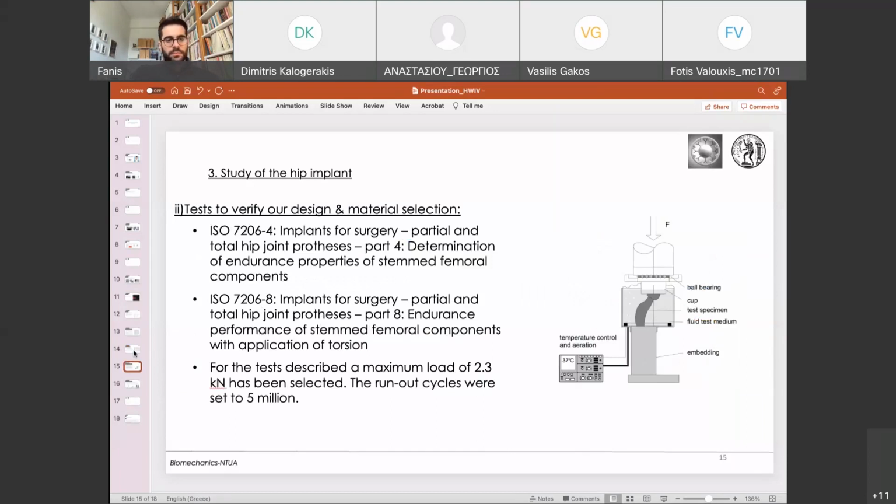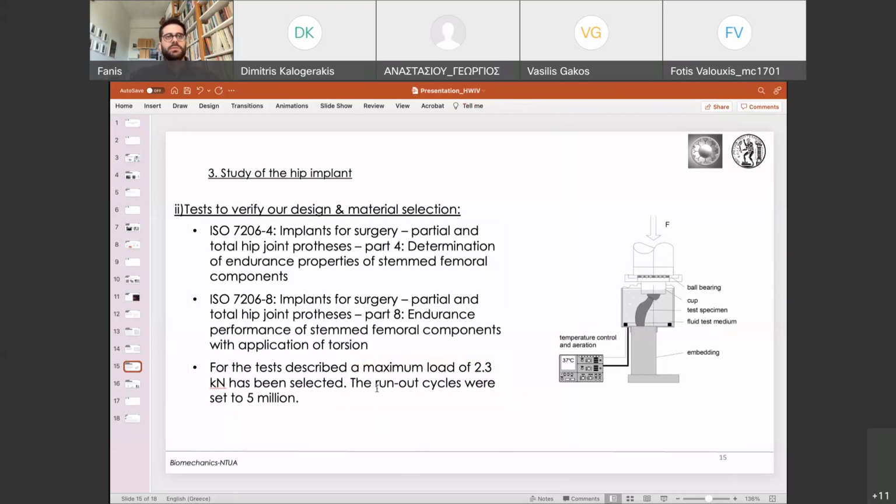So again, going back to the ISO standards, those for hip implants are very specific, and you can find a lot of information there. For example, this is a device that is used to test femur implants. The implant is placed under a specific geometry and fixed in a specific way here. For this test, a maximum load of 2.3 kilonewtons was selected, and the run-out cycles were set to 5 million.